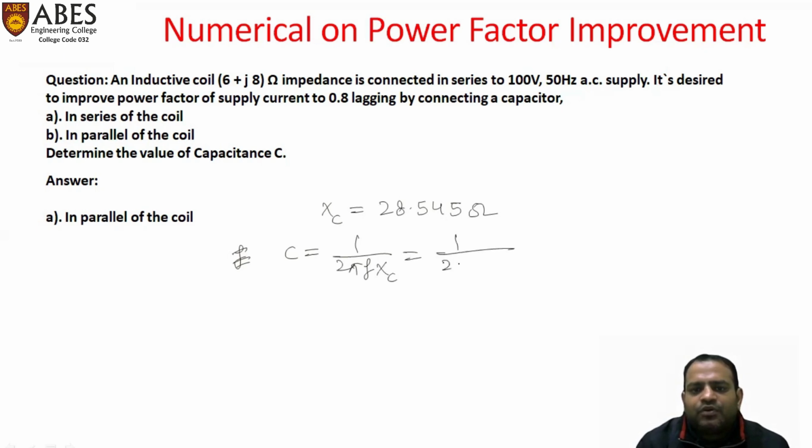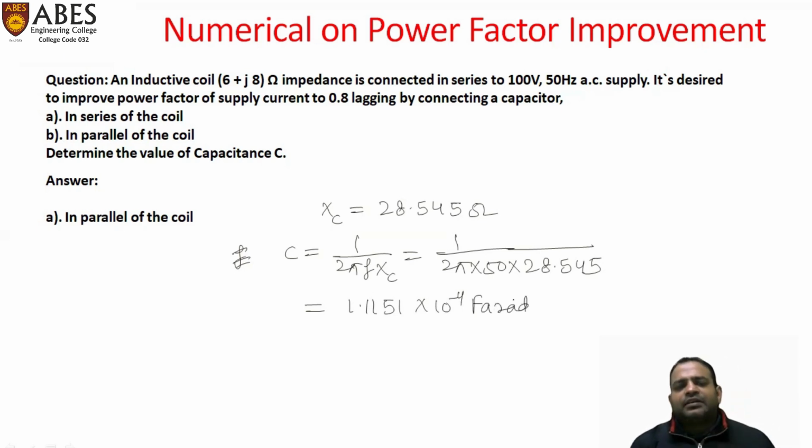So 1 upon 2 pi into 50 into 28.545. After calculating, we get 1.1151 into 10 to the power minus 4 farad.